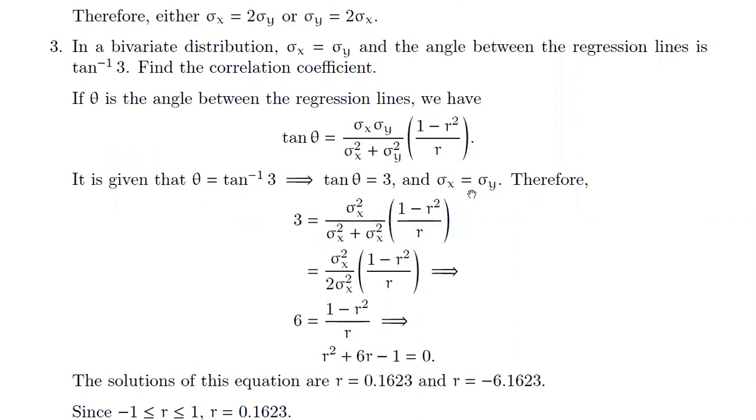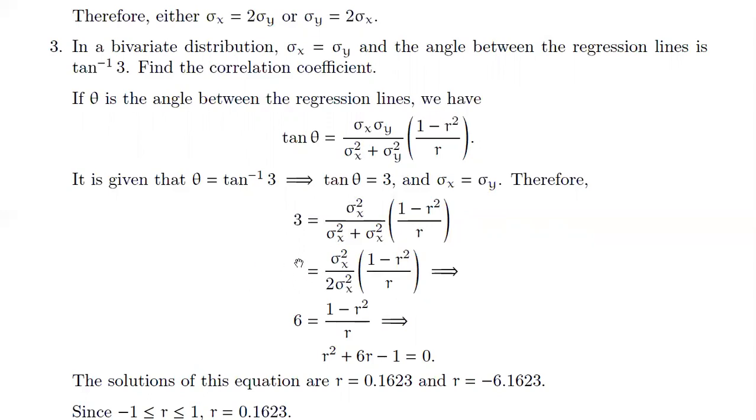They are saying that sigma x is same as sigma y. So here, instead of sigma y, put the value of sigma y as sigma x. So I get sigma x into sigma x, that is sigma square x. Denominator is sigma square x plus sigma square x. So I get 2 sigma square x, and this is not calculated yet. We have to find it. 1 minus r square by r.